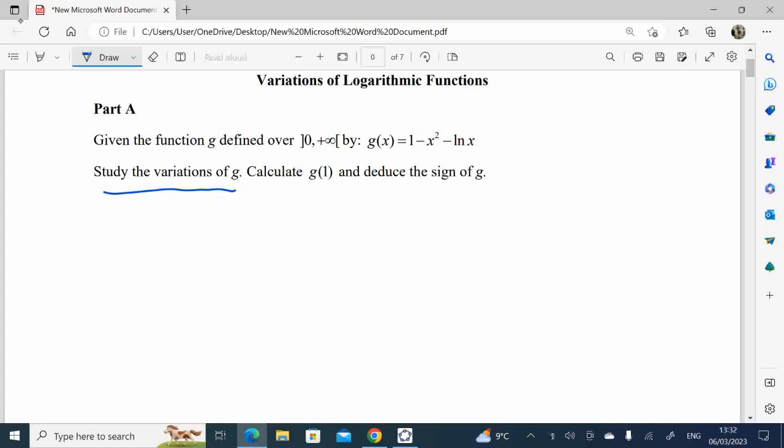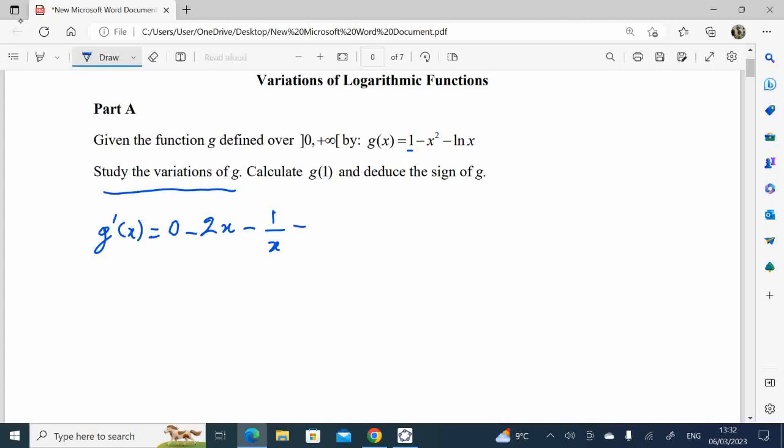Now, in order to determine the variation of any given function, we need to study the sign of its derivative. So let us find the derivative of g. So what is g prime here? G prime of x is equal to, so 1 is a constant, its derivative is 0, minus derivative of x squared is 2x, minus the derivative of ln x, it is 1 over x.